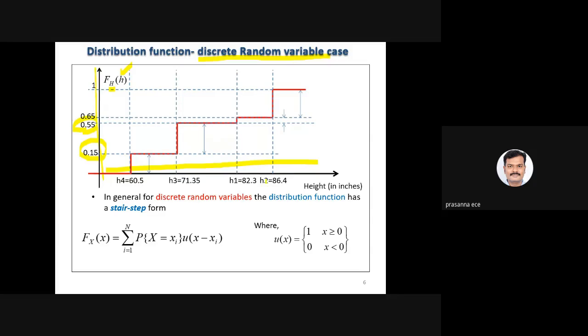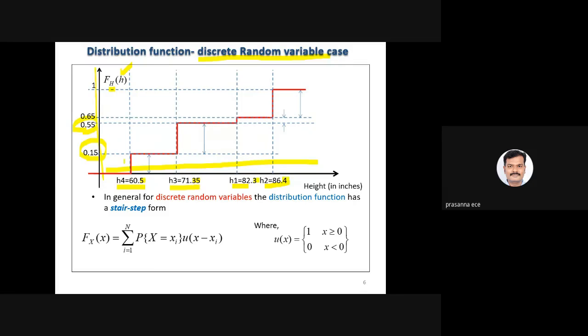For example, consider our example of selecting a student. Assume that we have just 4 students in the class, with heights H1, H2, H3 and H4. This is a case of a discrete random variable, so assume that we are eliminating the decimals and just taking some integer values.